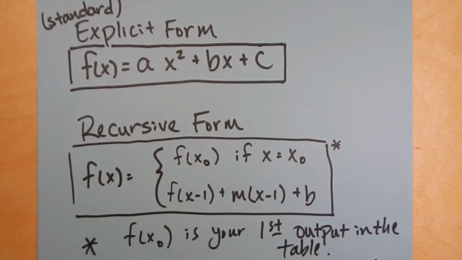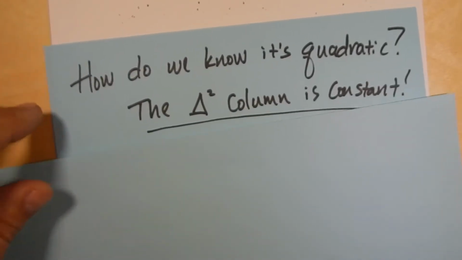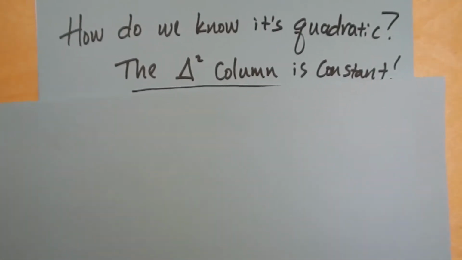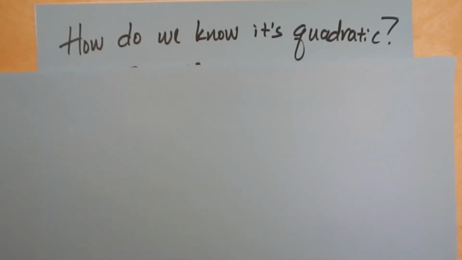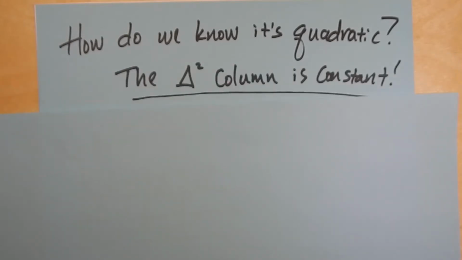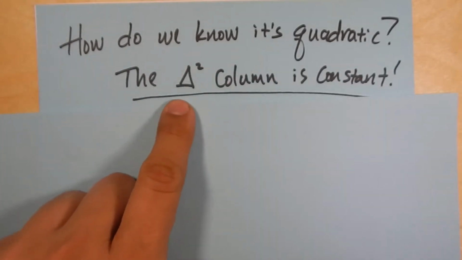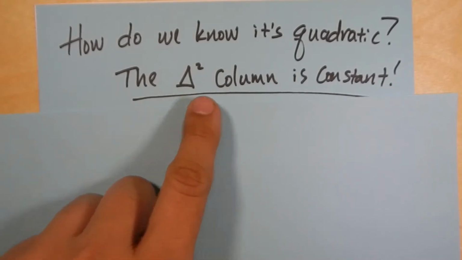All right, let's switch pages here. The important thing when we're dealing with these is, the first question will be, how do we know the function is quadratic? The answer is that the delta squared column, or delta 2 column, or the second difference column, is constant.